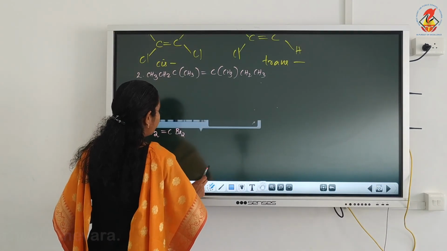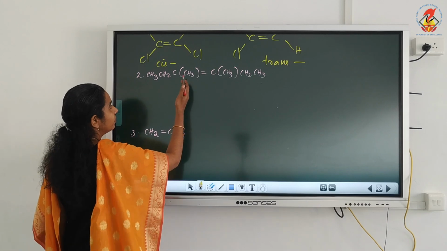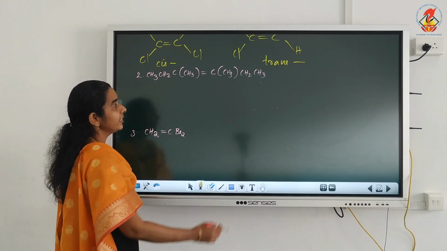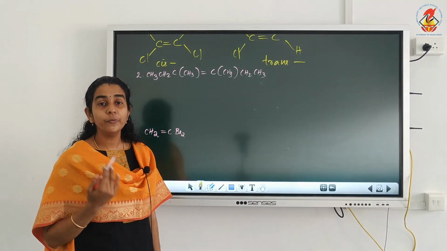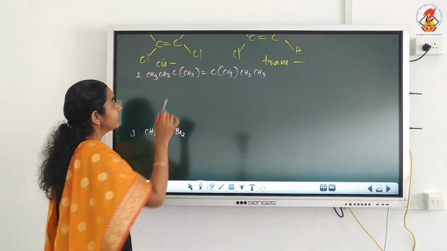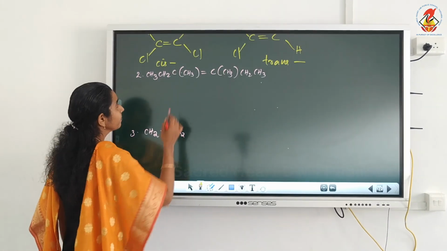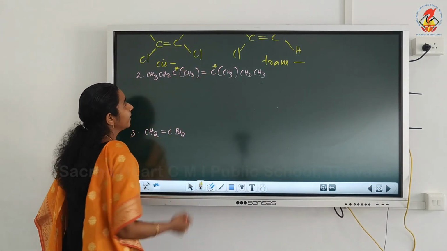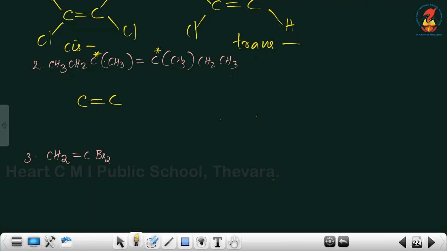Now the second compound given is CH3CH2C(CH3)=C(CH3)CH2CH3. The methyl group which is written inside the bracket means this group is attached to the previous carbon, isn't it? So just focus on the double bonded carbon. Which is the double bonded carbon here? These two. So first draw the double bonded carbon.